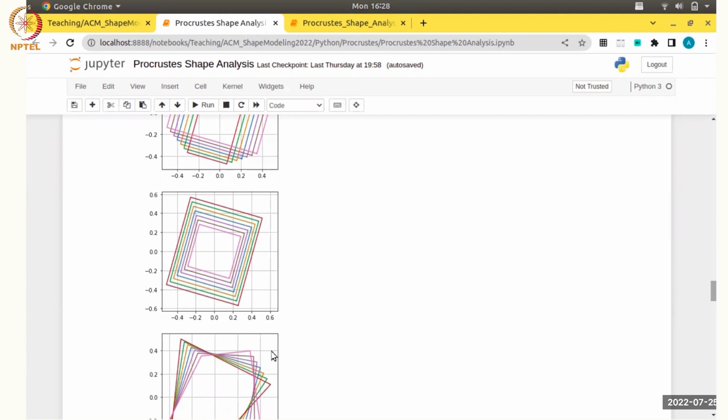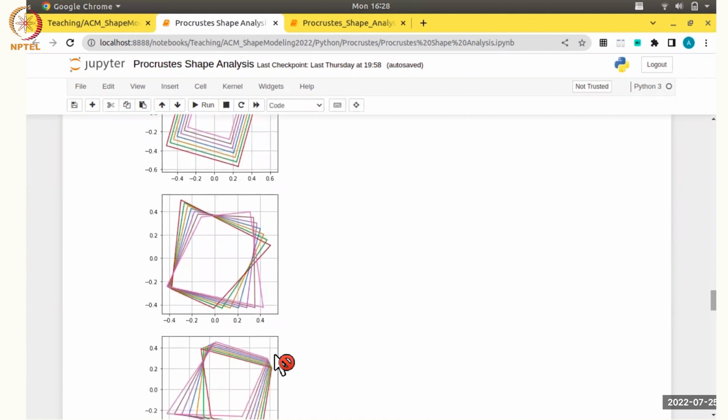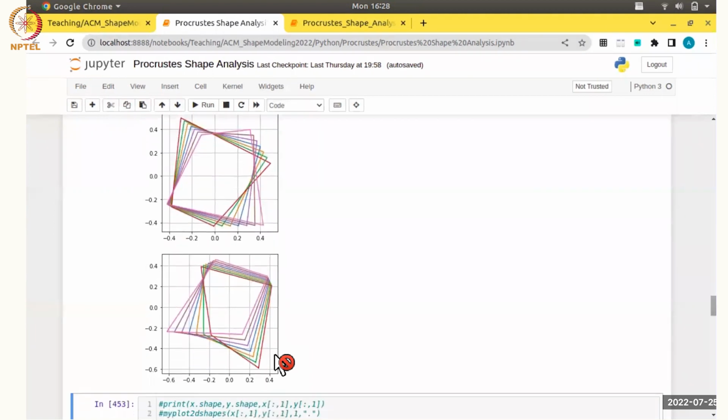While you are thinking about this, you also look at the third direction of variation and fourth. So what does that take us? It's no longer a rectangle.